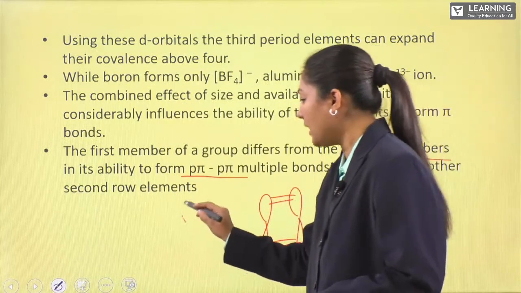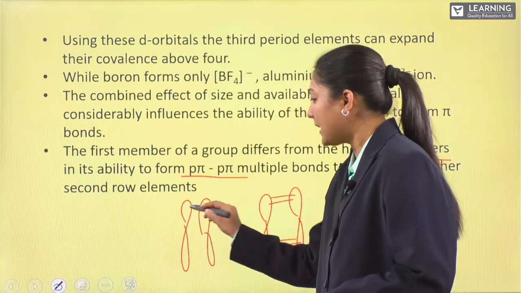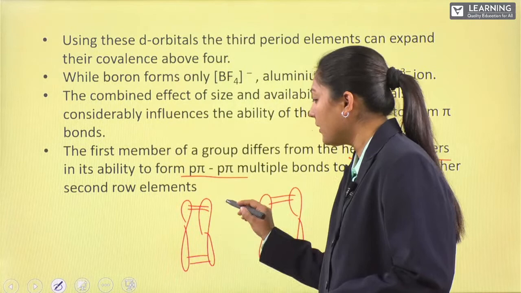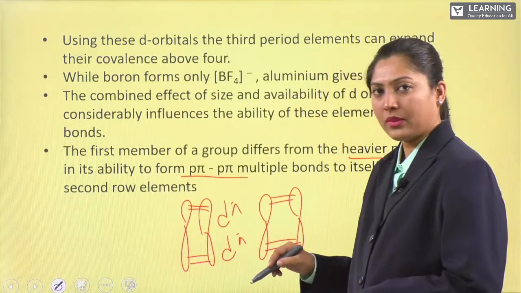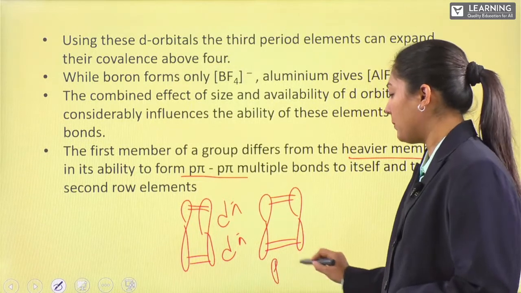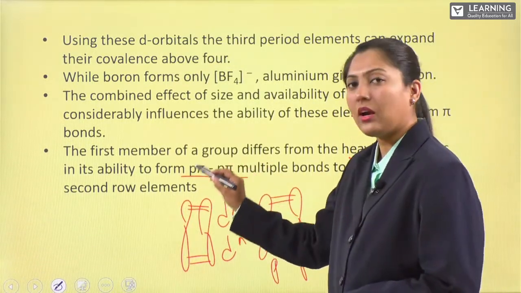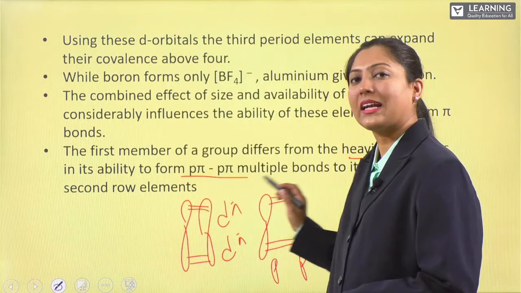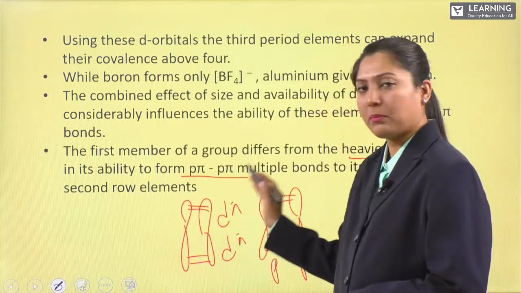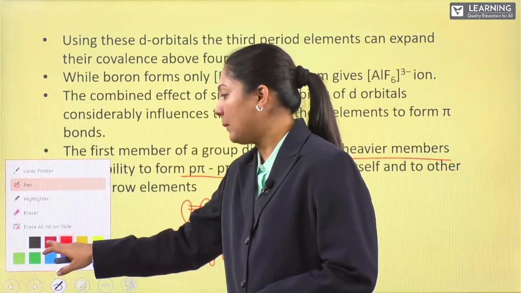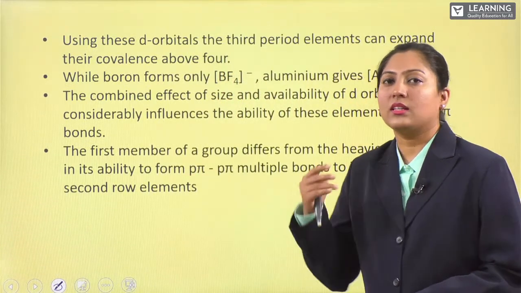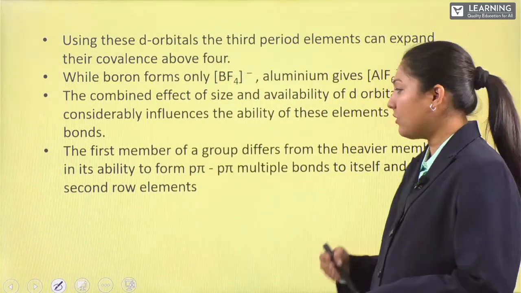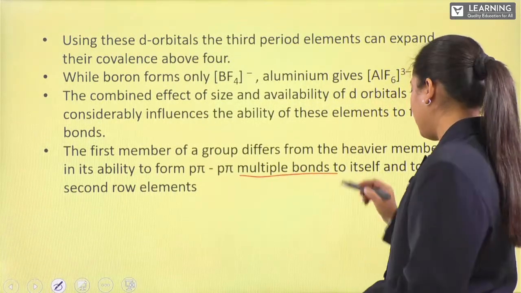If we have d orbitals forming the pi bond, we call it a d pi bond. Since it is p orbitals overlapping laterally, we have a p pi multiple bond. Why do we call it a multiple bond? Because if you have more than one, a double bond or triple bond, that is called a multiple bond.